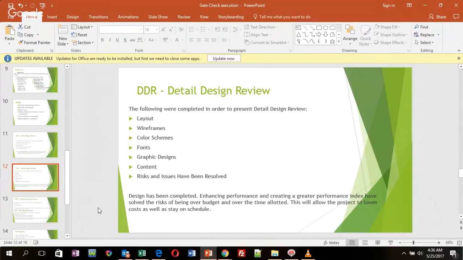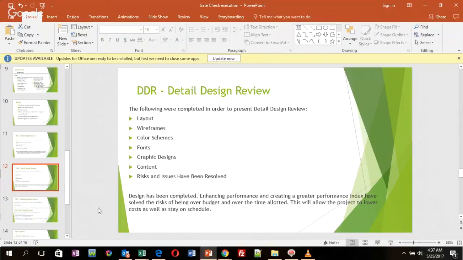In the detailed design review, we looked at the layout, the wireframe, that's how the website will look, the template. And we looked at the color schemes, the fonts, graphic designs, content, as I talked about earlier, the risk and issues that had to be resolved.